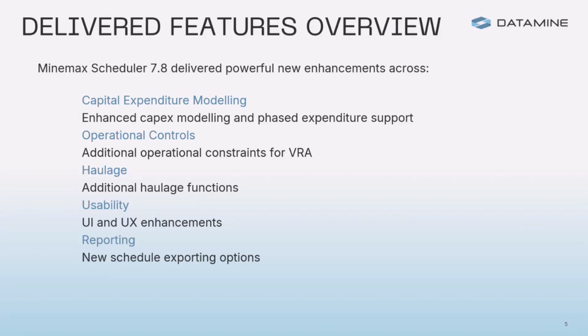We've added several new operational controls for controlling things like vertical rate of advance. We've added a new feature or two to haulage for those people that are using that. We've made several improvements to the user interface and the experience of using Scheduler, and we've added some new reporting and export options.